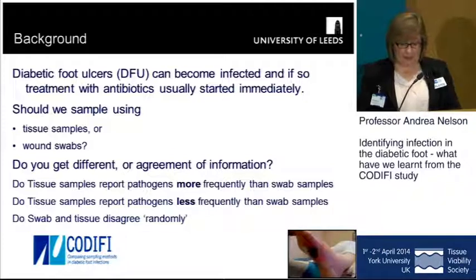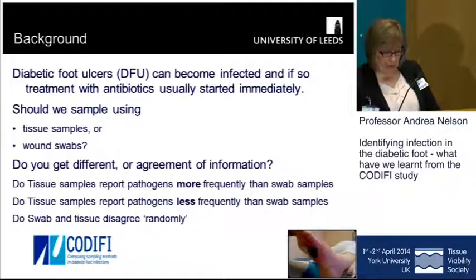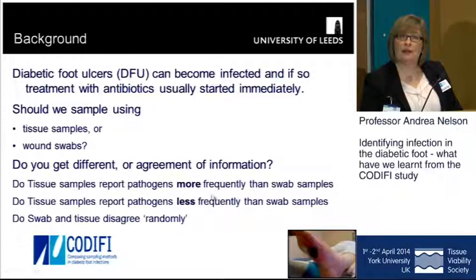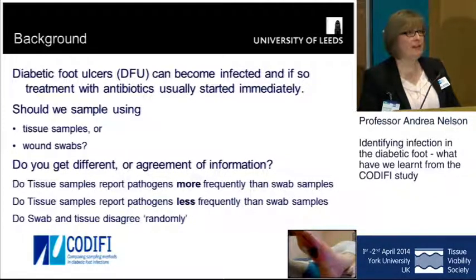So, do tissue samples report pathogens more than swab samples by going deep into the wound and collecting the real troublemakers rather than the tourist bacteria sitting on top having a bit of a suntan? Or do tissue samples report pathogens less frequently than swab samples?